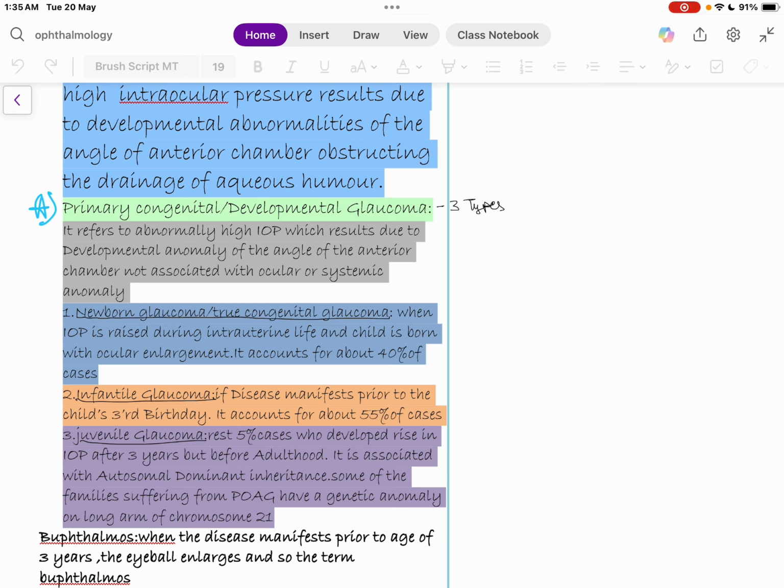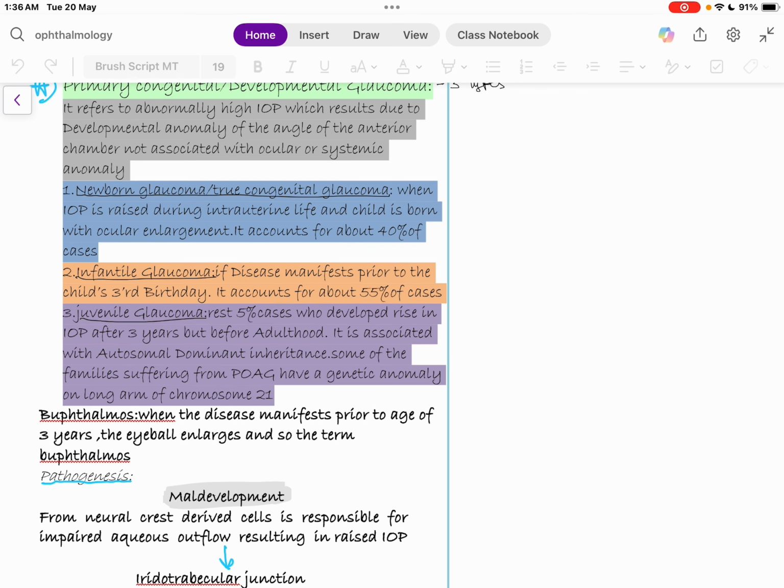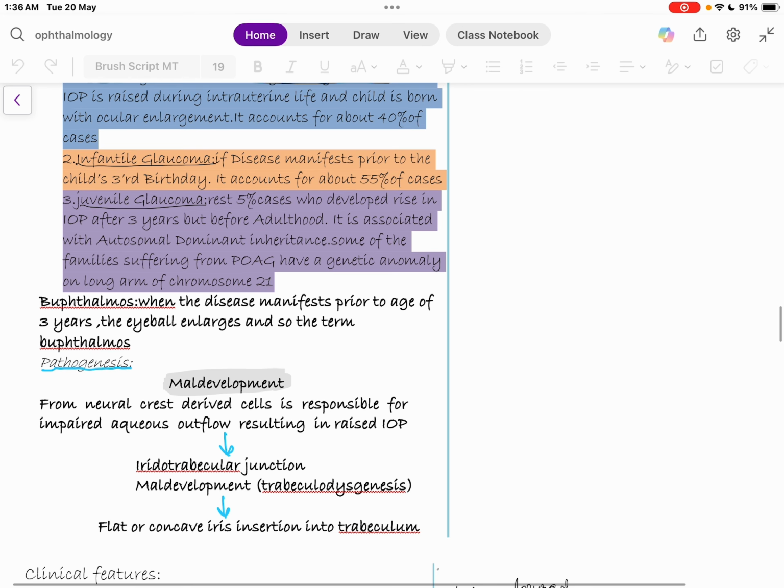It is associated with autosomal dominant inheritance. Some of the families suffering from POAG, primary open angle glaucoma, have a genetic anomaly on the long arm of chromosome 21.